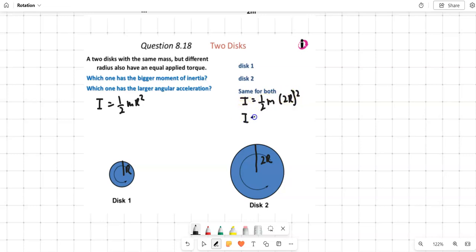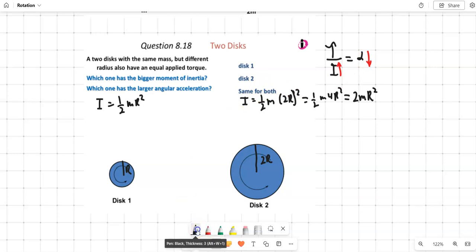So this moment of inertia is going to be 1/2 m 4r squared, which is going to result in 2mr squared as its moment of inertia. So this is going to have a higher moment of inertia, and again from earlier, the one with the higher moment of inertia is going to have a lower angular acceleration. That's what we predict with concepts.